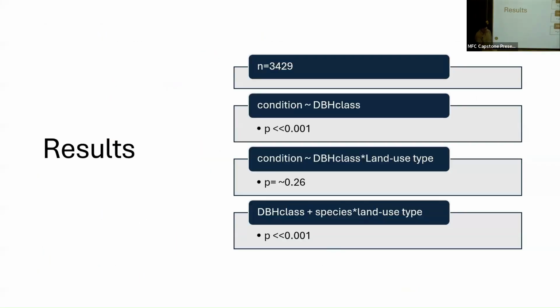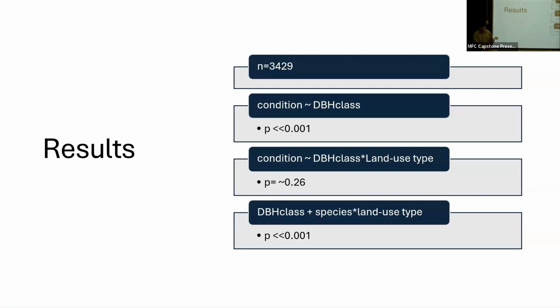So looking at the size variable, we decided to use something called DBH class, which I will explain in the next slide. Again, the sample size has been cut up, or filtered. I filtered the data set again to have a smaller sample size because DBH is such a variable data set. There's so much variation in the DBH.